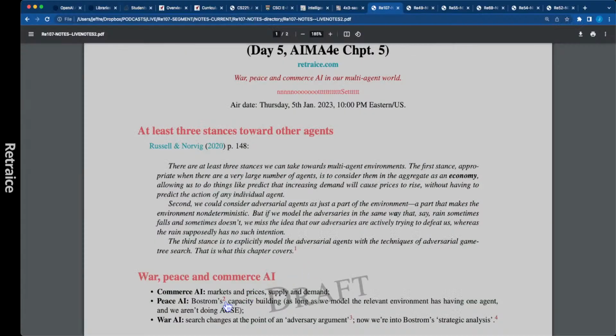So in peace AI, I would say there's a correspondence to capacity building. We're saying that in our model of the environment, the relevant part of the environment, there's only one agent, and that's humanity. He doesn't put it this way, and I'm sure he would not agree with what I'm saying here, but he's not here, so I can say whatever I want.